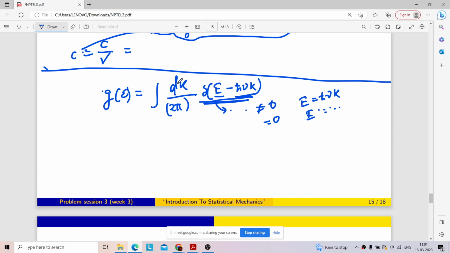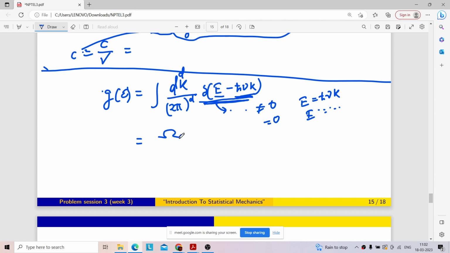Now, if we are in d dimensions, then this will be d to the power d k, and this normalization constant will also have some d factor here. Now, if you integrate, what will you get? Some volume in d space.